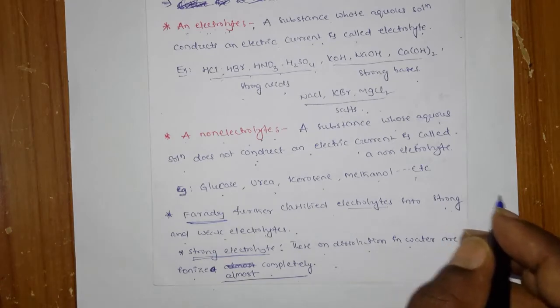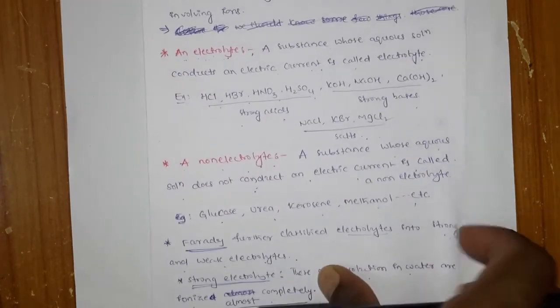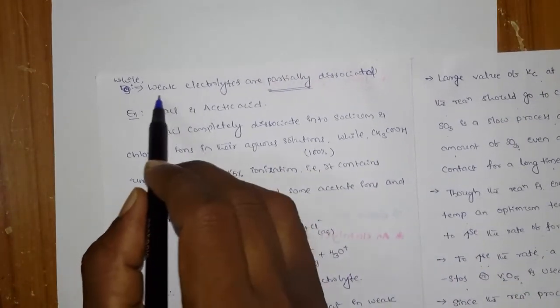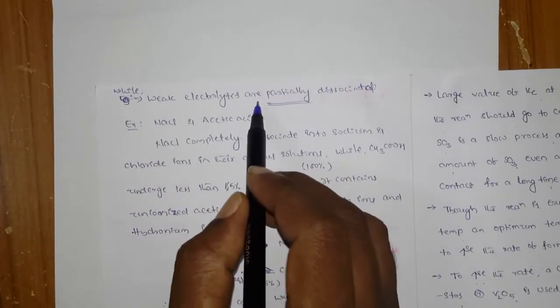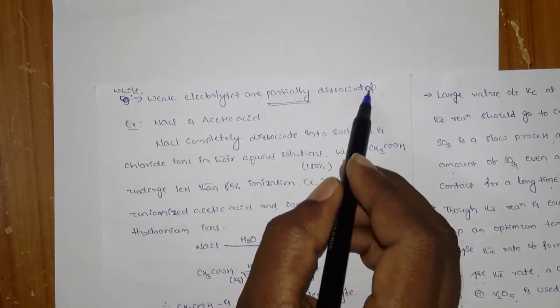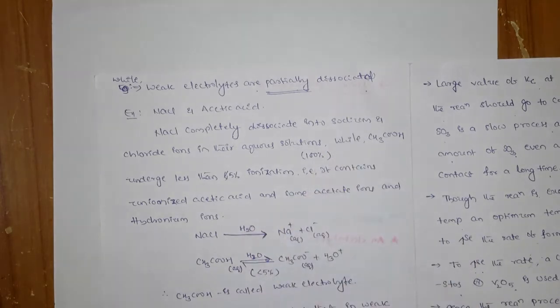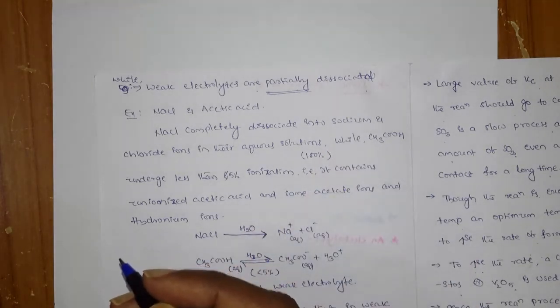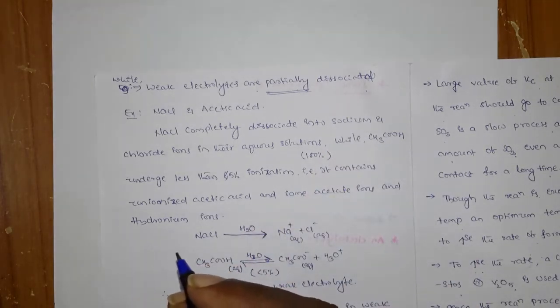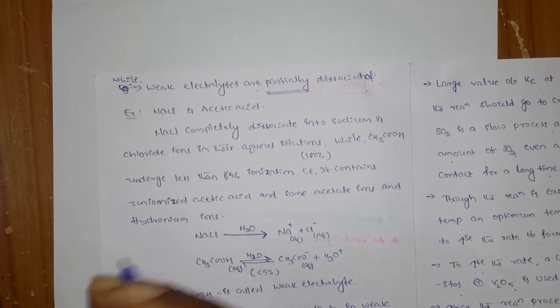Now the weak electrolytes. Generally the weak electrolytes are partially dissociated. That means when you take a salt, it will dissociate up to 5% or 10%, or somewhere 20 or 30%. It cannot dissociate completely.